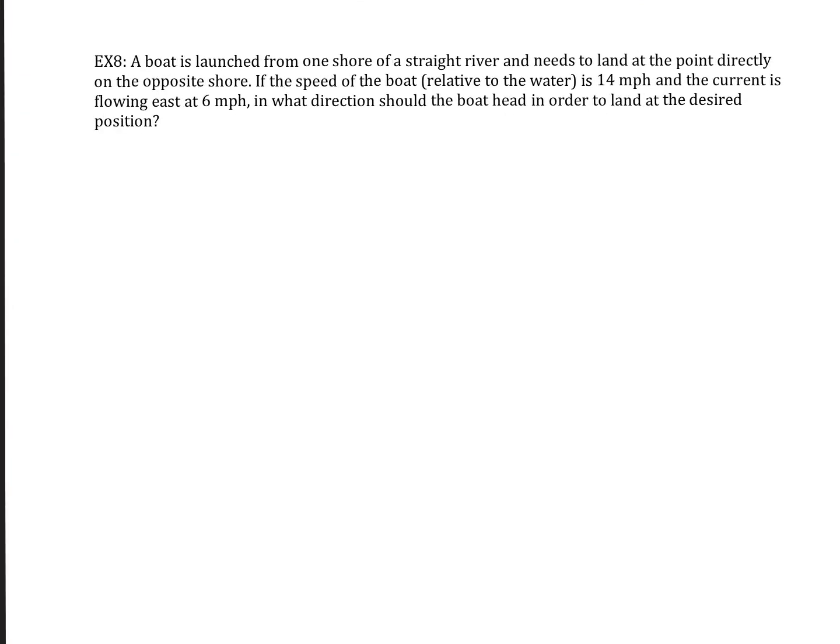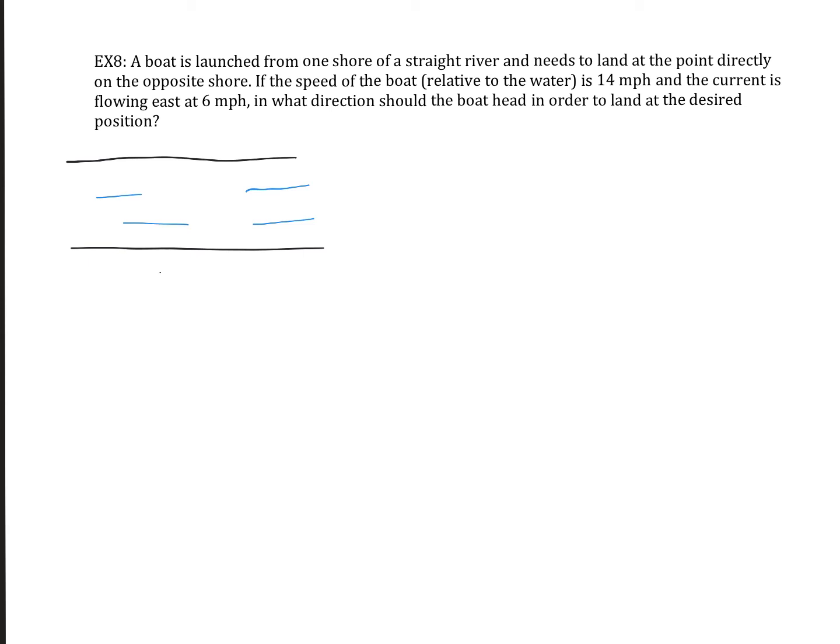A boat is launched from one shore of a straight river and needs to land at the point directly on the opposite shore. Let's just go ahead and draw a picture here real quick to figure out what's happening. So if I have two shores here, and let's say I got the water flowing in between, what am I looking at here?